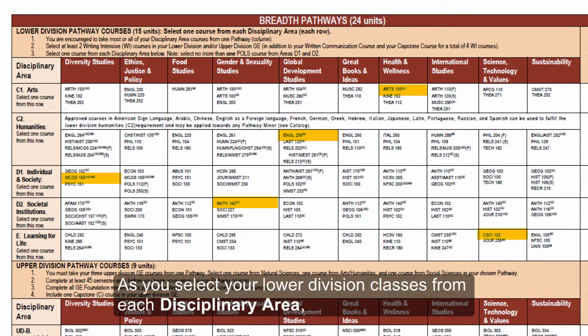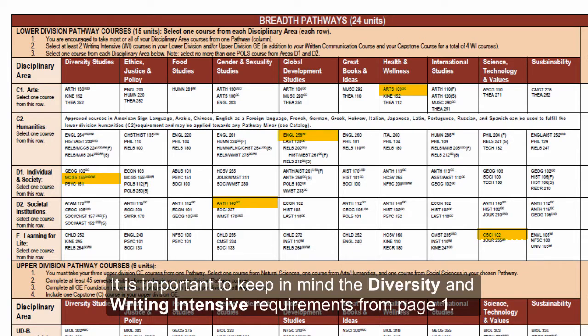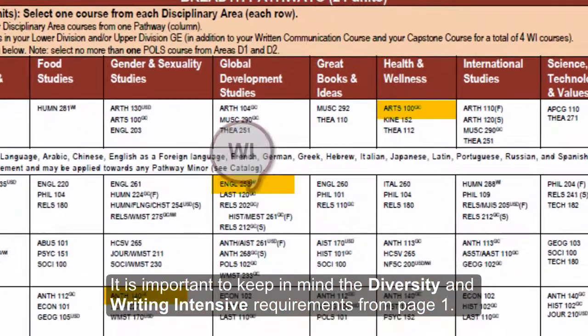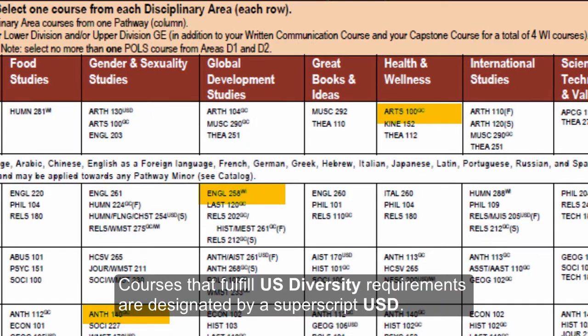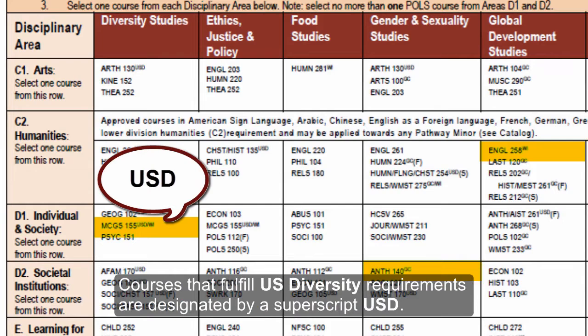As you select your lower division classes from each disciplinary area, it's important to keep in mind the diversity and writing-intensive requirements from page 1. Courses fulfilling writing-intensive requirements are designated by a superscript WI. Courses that fulfill U.S. diversity requirements are designated by a superscript USD.